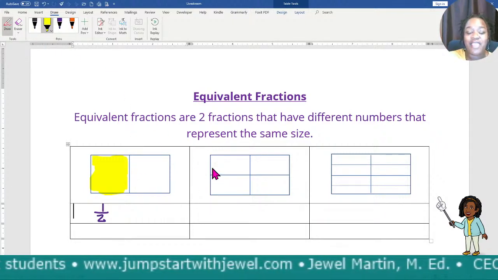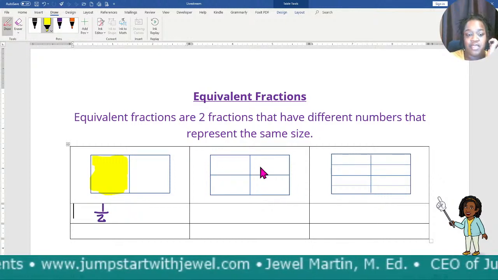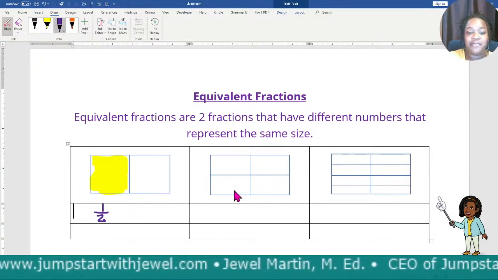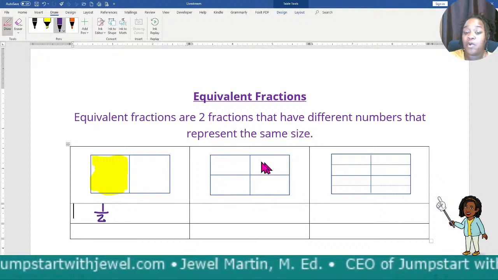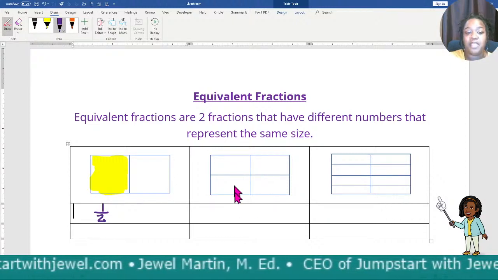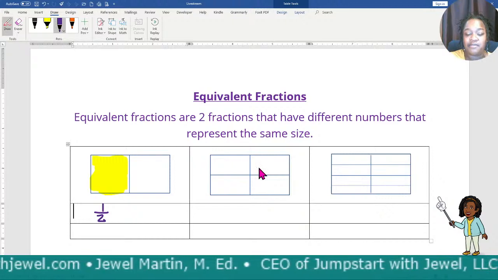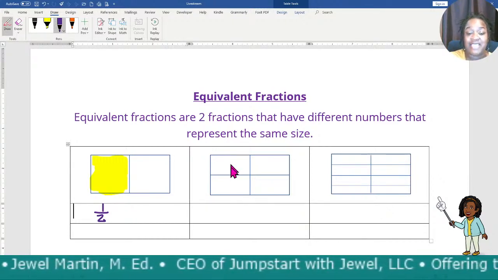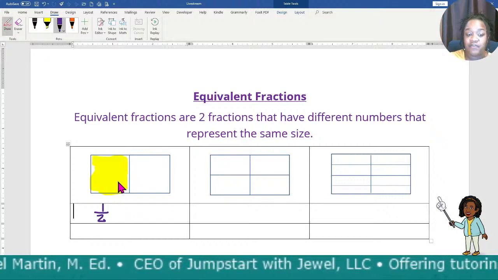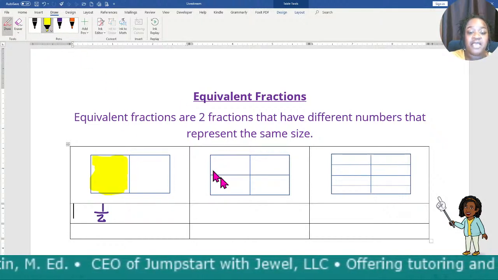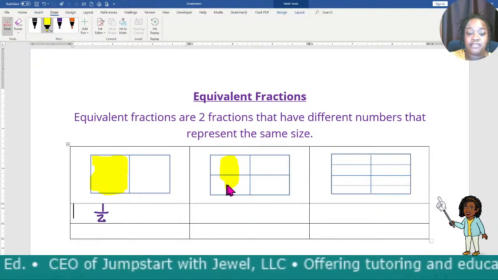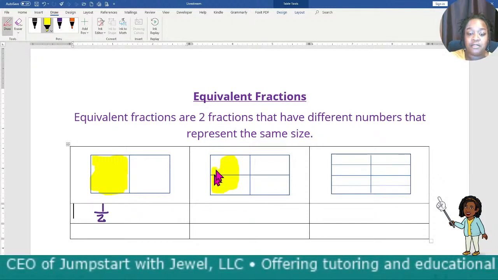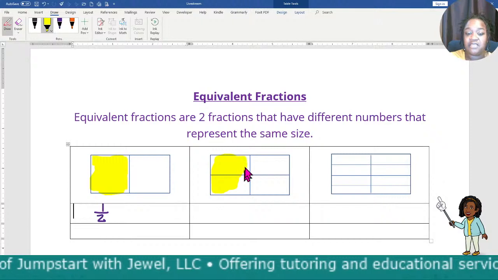So then we look at the rectangle next to it. Now this rectangle, let me get my pen, this rectangle has 4 parts. Okay? This rectangle has 4 parts, and we're going to shade in the same size as our first fraction. But because it has more parts, the numerator is going to be different, and so is the denominator.